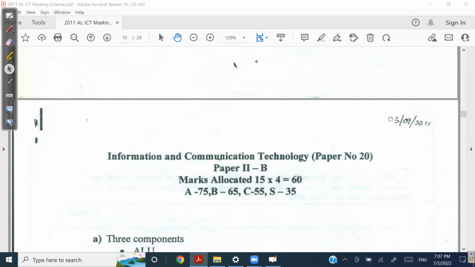Okay, so try to move to 35. So it's good, Sanadi. So see what are the things that you have missed.